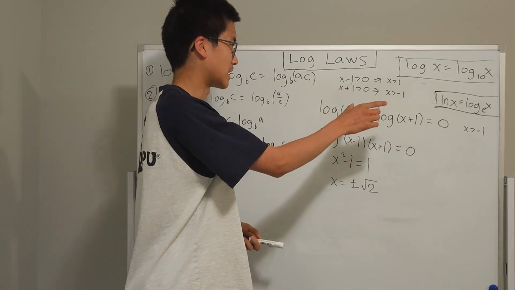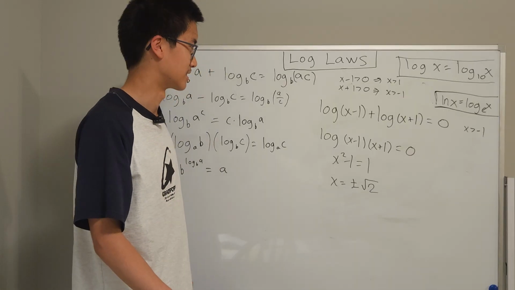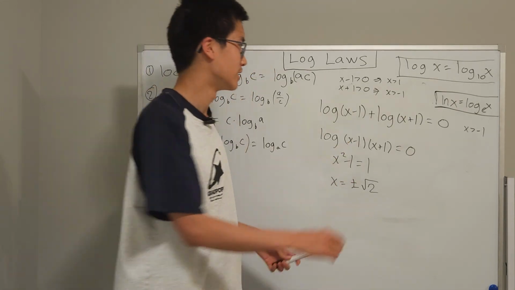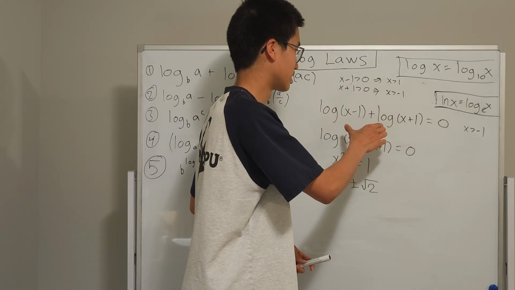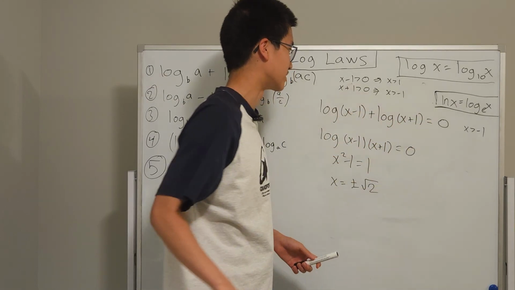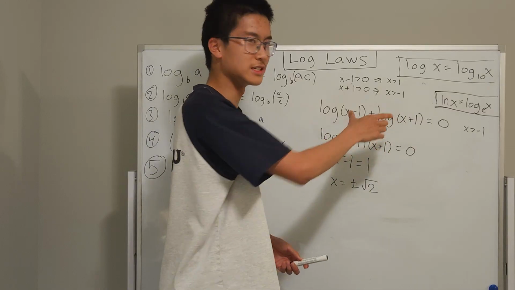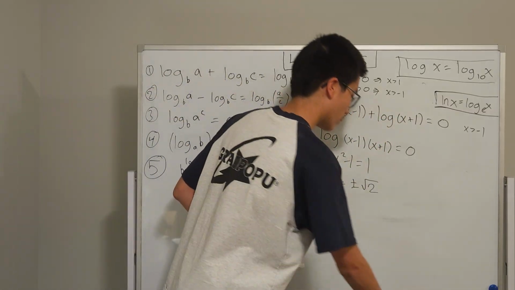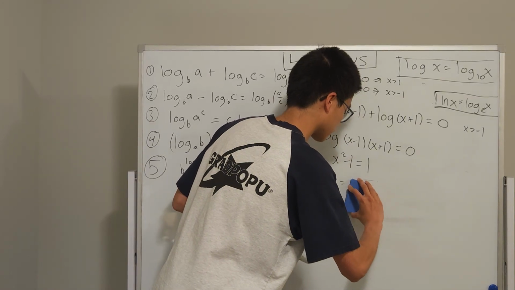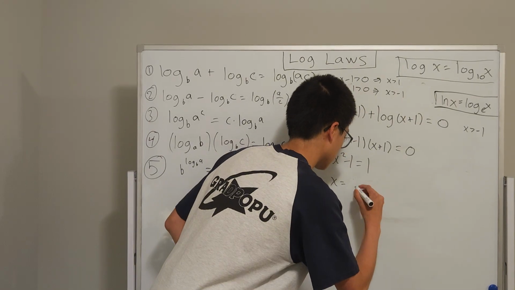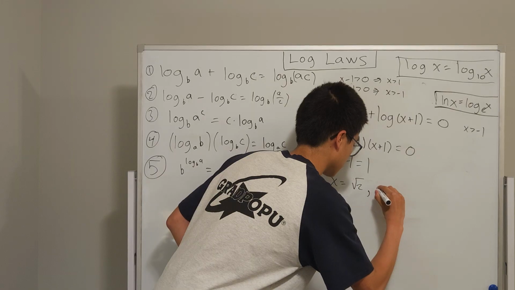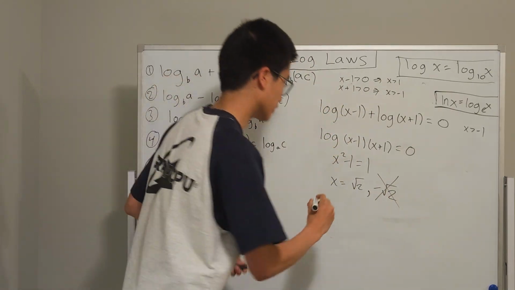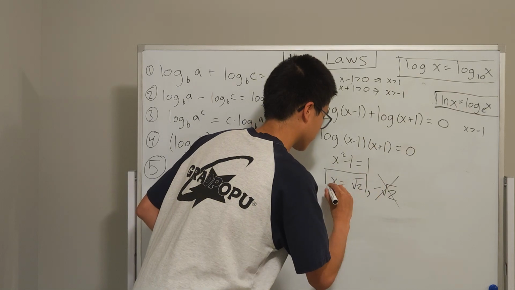So this will not satisfy this equation because if we substitute x equals negative square root of 2 into any of these, both of these logs aren't defined. Therefore, we have to discard one of these values. We have to discard this one, so there is actually only one solution right here.